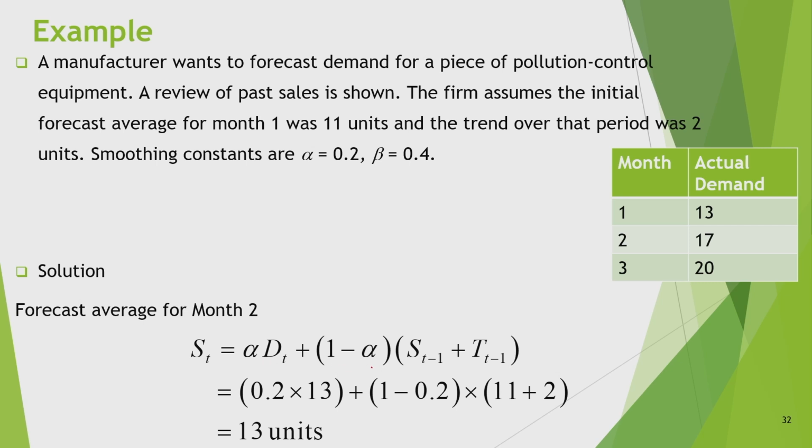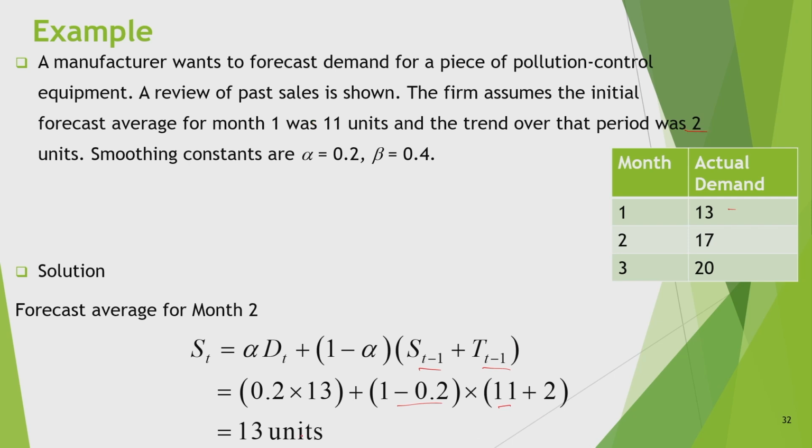Alpha dt plus 1 minus alpha into st minus 1 plus tt minus 1. So, this is 0.2 into 13 because actual demand was 13 here, plus 1 minus 0.2, smoothing constant subtracted from 1, into 11, because this was the forecast average, plus 2, the trend component.